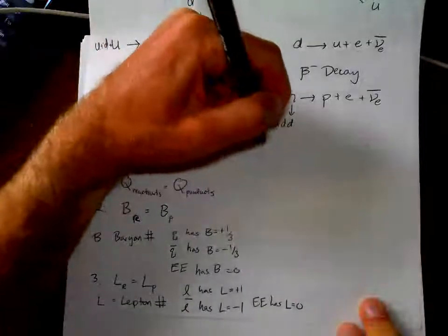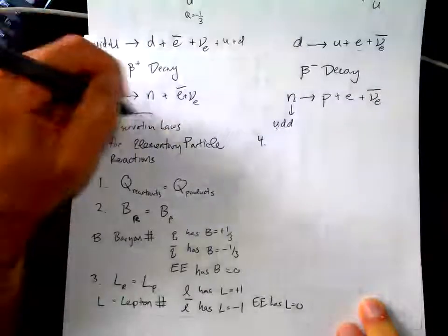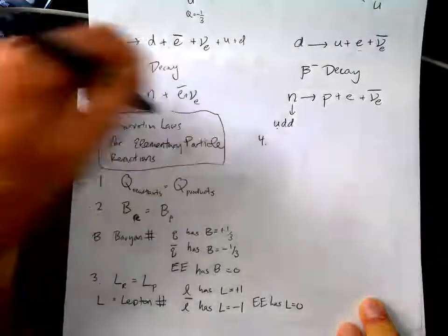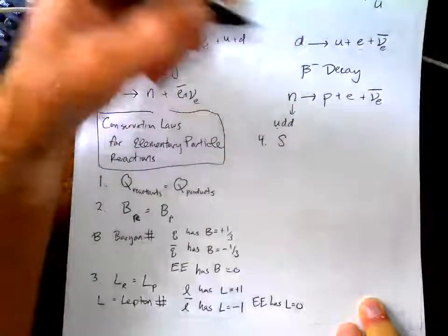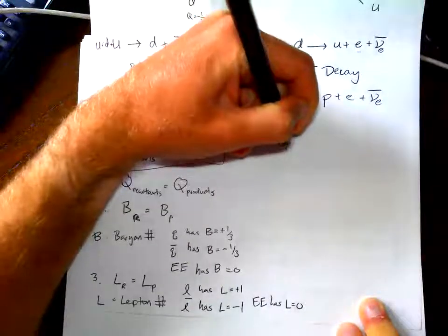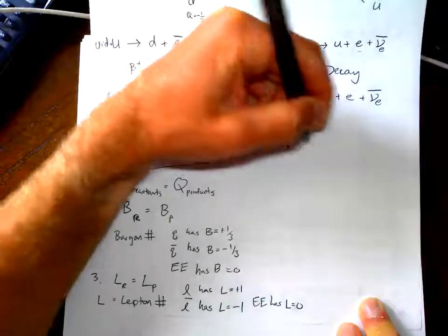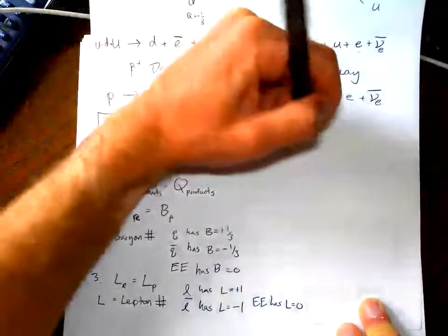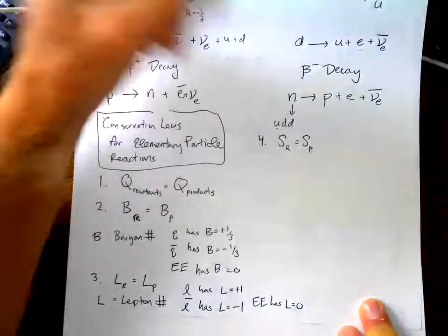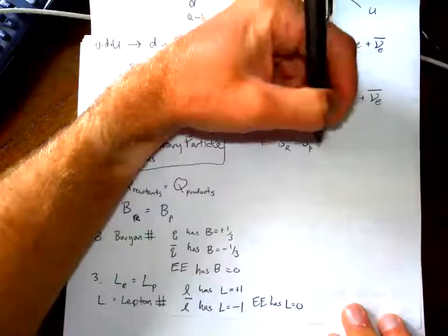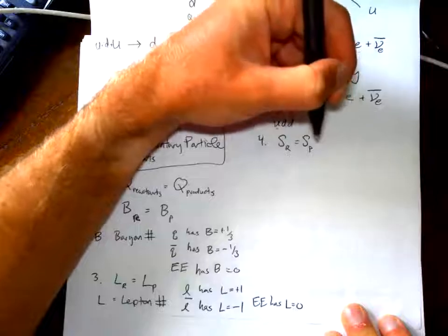There's one more conservation law for particle physics, and that is called the conservation of strangeness. The strangeness of the reactants, this is the weirdest one, equals the strangeness of the products.